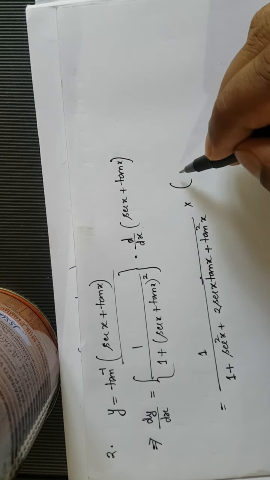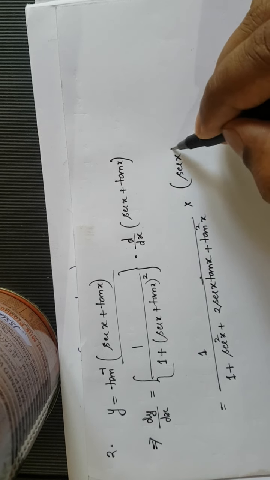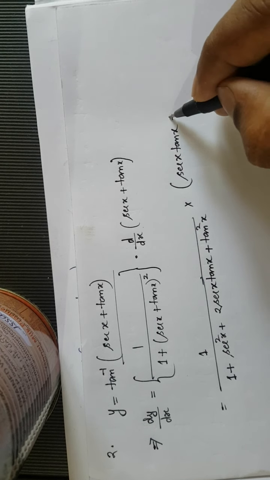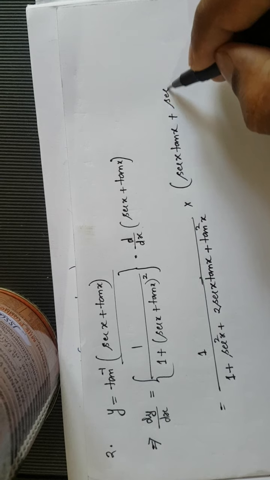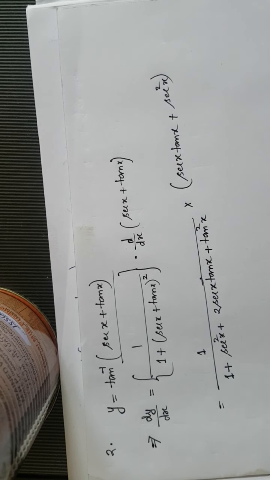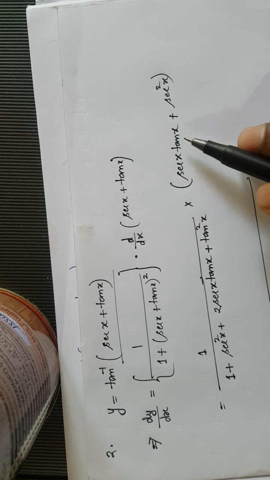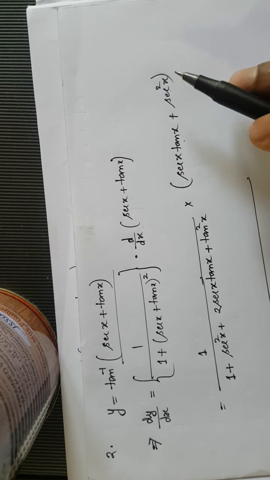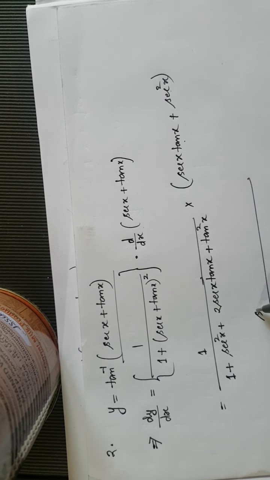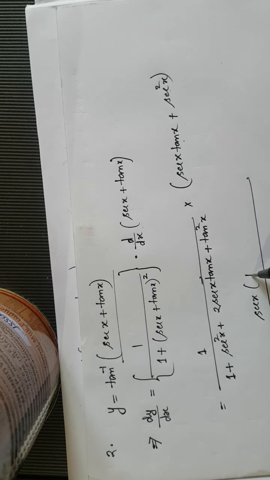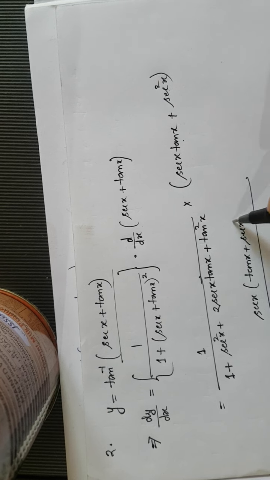For sec x, the derivative is sec x tan x. For tan x, it is sec square x. This is sec x tan x plus sec square x. You can take sec x common. This is sec x into tan x plus sec x.